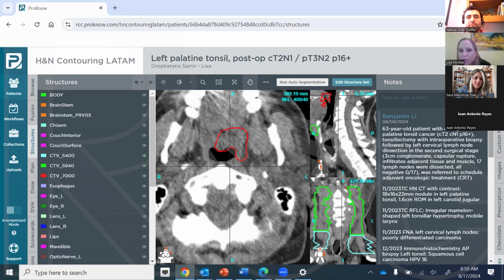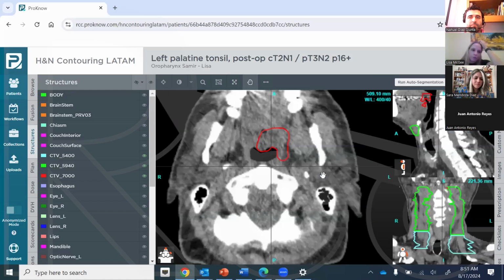From the description, they don't necessarily state where the lymph node conglomerate was located. So we'll take that with a little bit of a grain of salt, but we can at least make some educated assumptions. So basically what we're dealing with is a postoperative oropharynx. We had a left tonsil tumor that's been resected, and then the left neck that's been dissected that had lymph nodes in it.